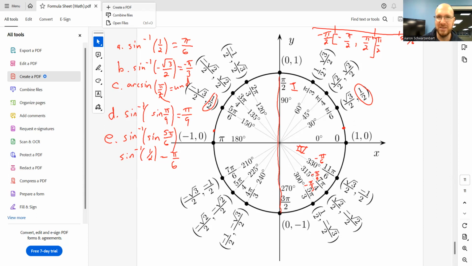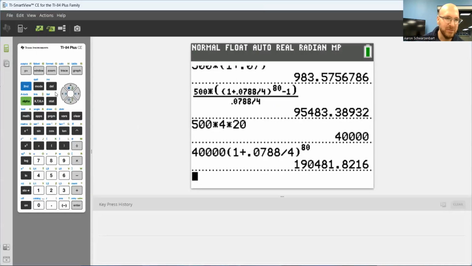I can evaluate stuff on a calculator. Let me go ahead and get the calculator app open here. So if I want to do the inverse sine, it's just second function of sine.